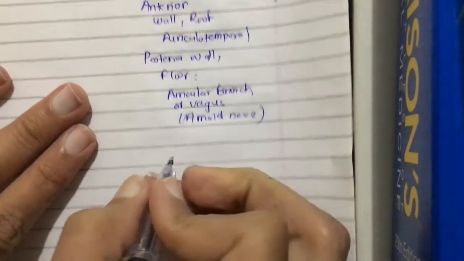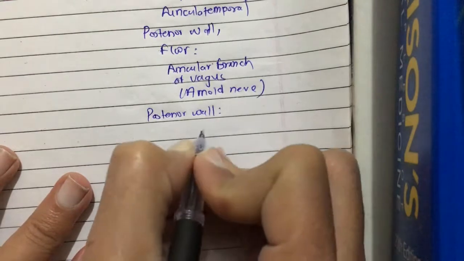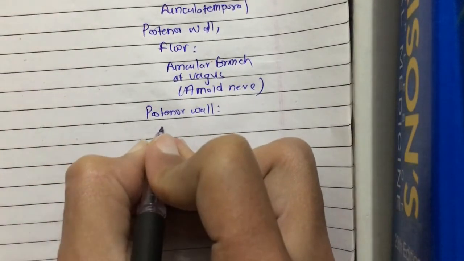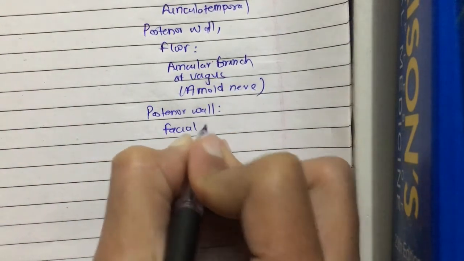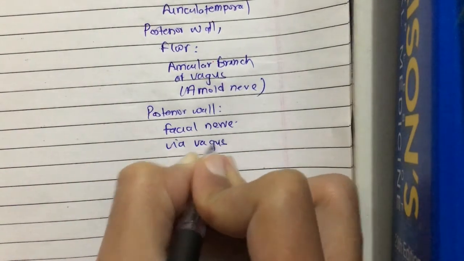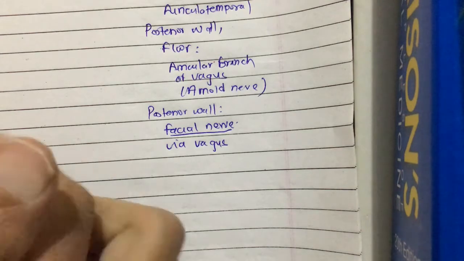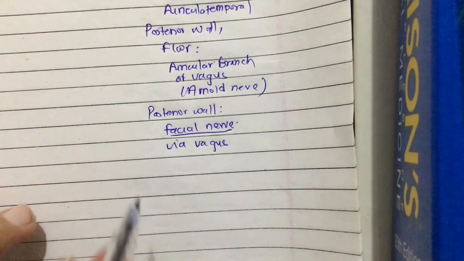The posterior wall also receives nerve supply from the facial nerve via the vagus. The posterior wall also receives the vagal nerve supply. What is the clinical importance of this?